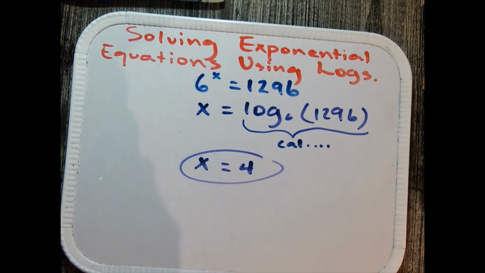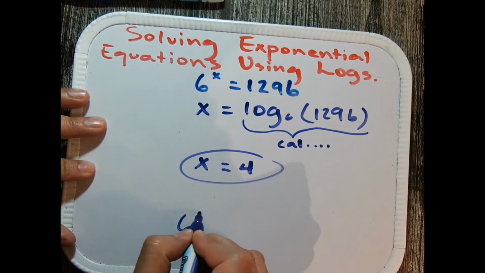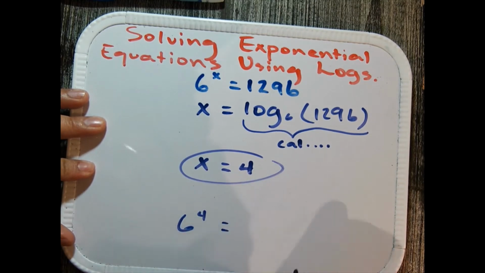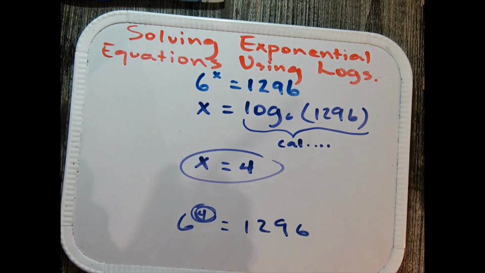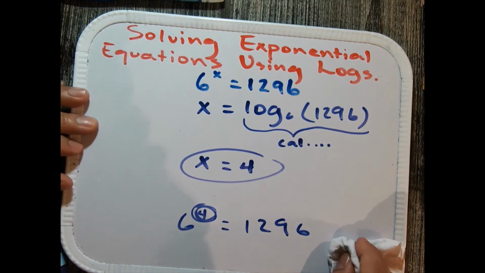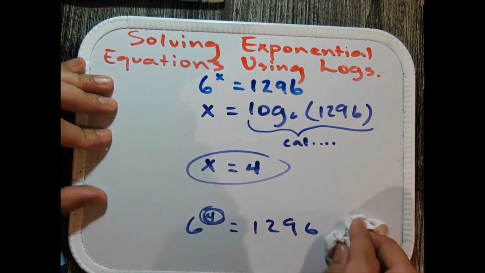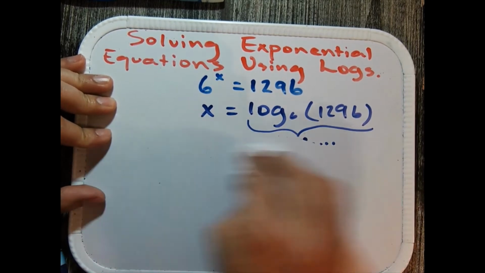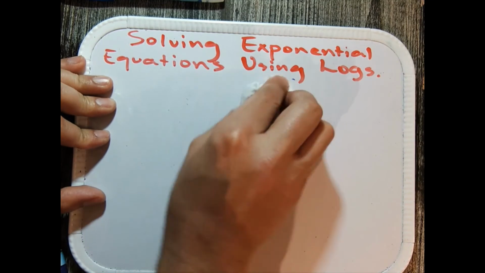This is my answer. So basically, 6 raised to the power of 4 is equal to 1,296, and this is what we were looking for. If I'm erasing too fast, make sure you pause and write down the steps.